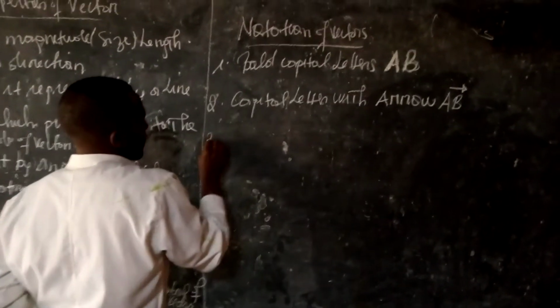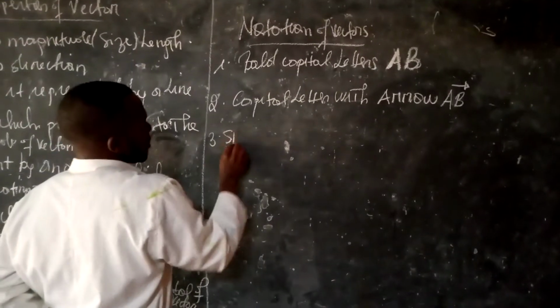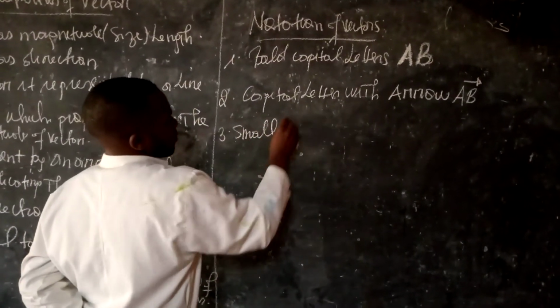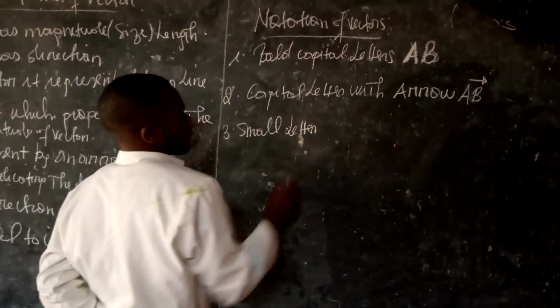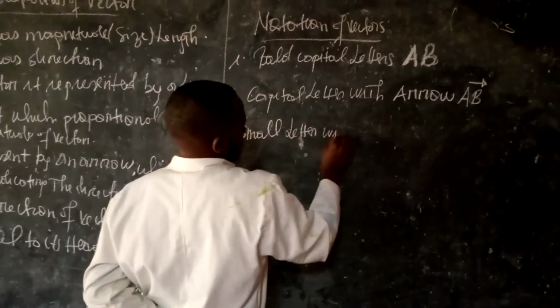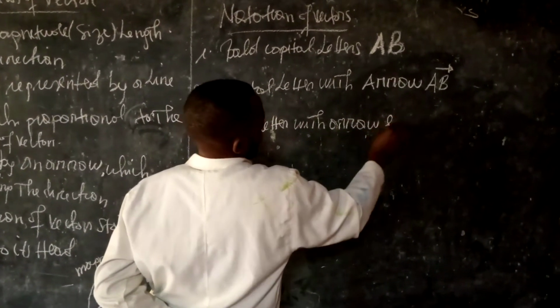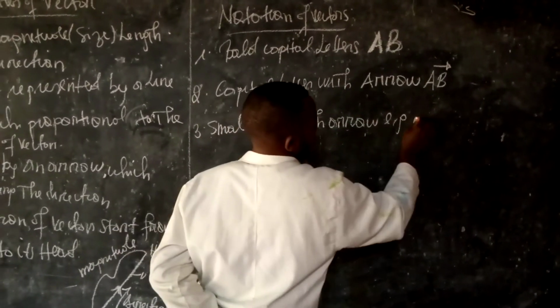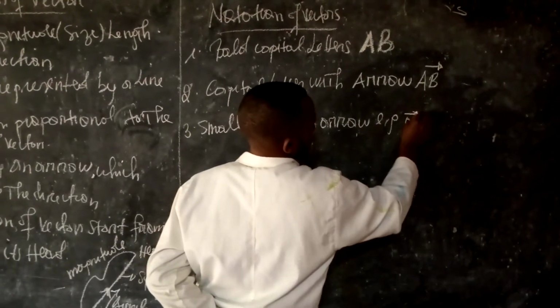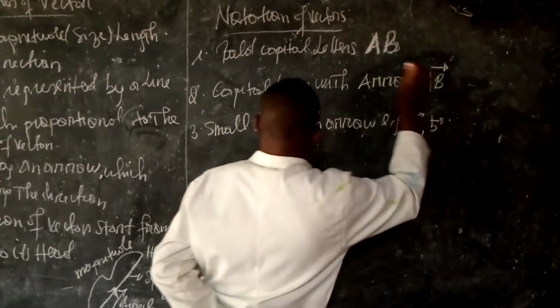So now, the third one, you can use a small letter with an arrow, for example, a like this, b like this.